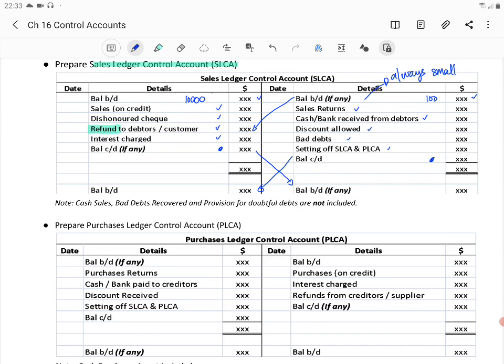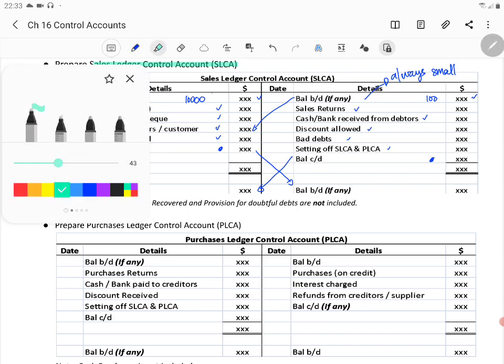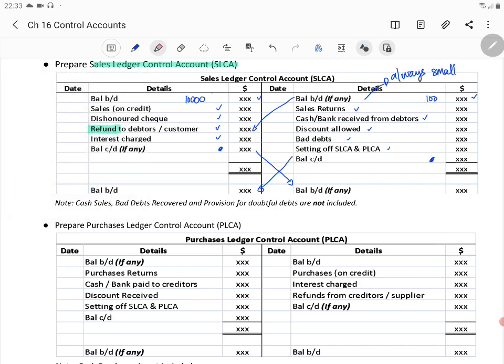Okay, now note over here, cash sales, bad debts recovered, and provision for doubtful debts are not included, because cash sales are not affecting TR. Bad debts recovered also not affecting TR.